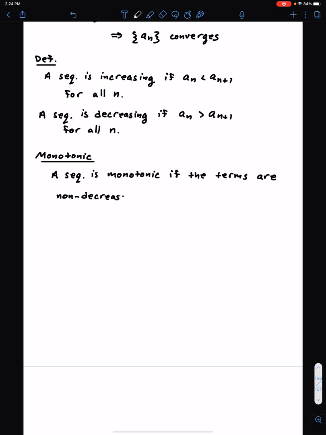So non-decreasing means A1 is less than or equal to A2, which is less than or equal to A3, and so on, A sub n, A sub n plus 1.